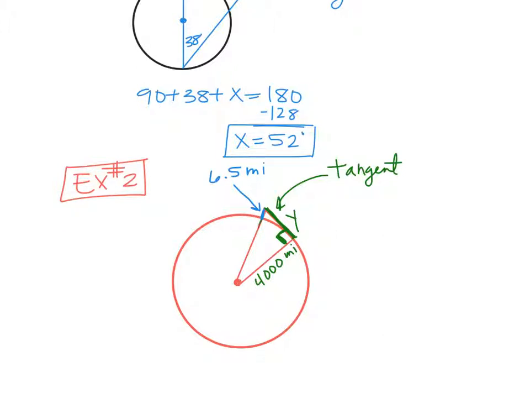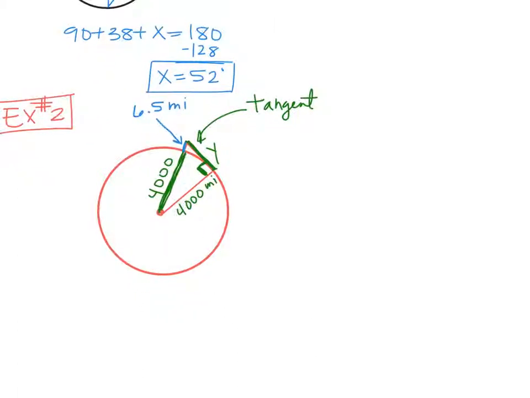Do you know this piece? What's this? That's 4,000. It's a radius, right? A radius is a radius no matter where you put it. So this is 4,000. Okay. So how do I solve for y? Pythagorean theorem, right? You're just going to do Pythagorean theorem with this.